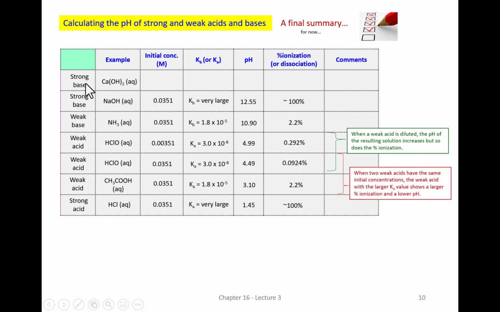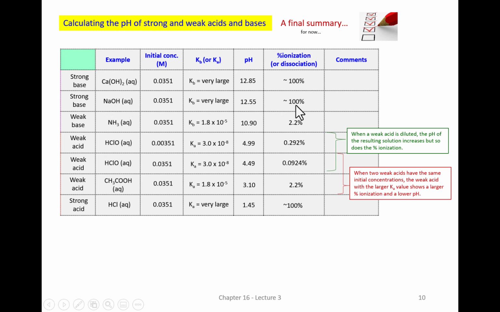And finally, in this part, we added calcium hydroxide, same initial concentration, also an absurdly large Kb value. And the pH of this base is higher than that of sodium hydroxide, but simply because it produces 2 hydroxides for every calcium hydroxide instead of the 1 hydroxide that's produced for every sodium hydroxide.